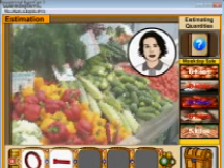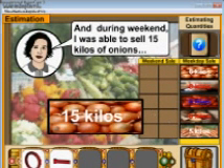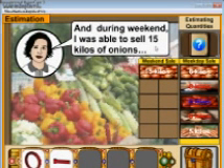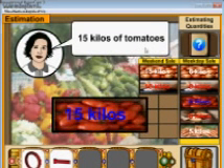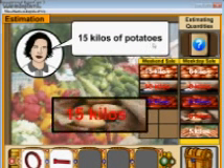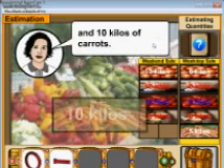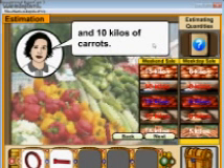That's a lot of items. And during the weekend, I was able to sell 15 kilos of onions, 15 kilos of garlic, 15 kilos of tomatoes, 15 kilos of potatoes, and 10 kilos of carrots. So, let's move on.